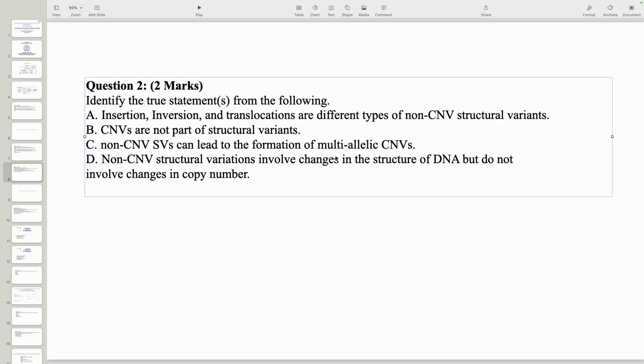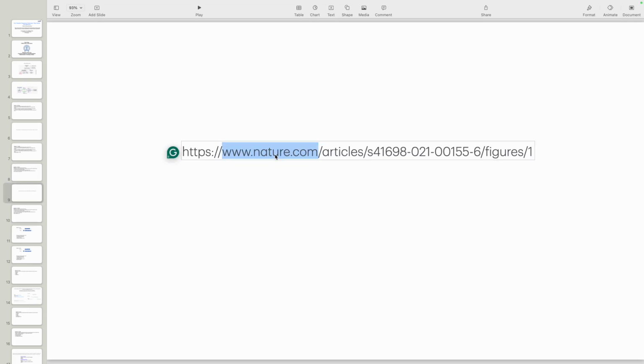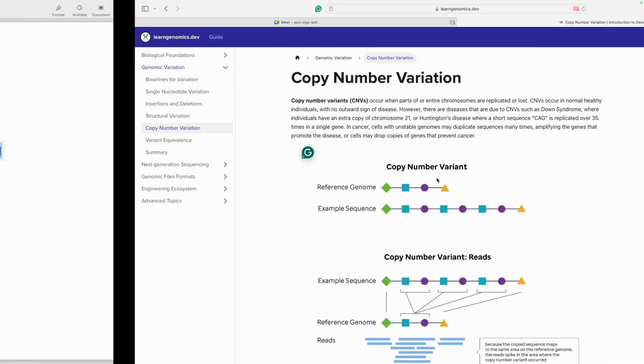Only CNVs do, because there is a duplication of a particular gene which leads to the multi-allelic CNVs, not the non-CNVs. D, Non-CNV structural variation involves change in the structure of a DNA, which is true, but does not involve change in copy number. Again, it is also true. So just go through this link.